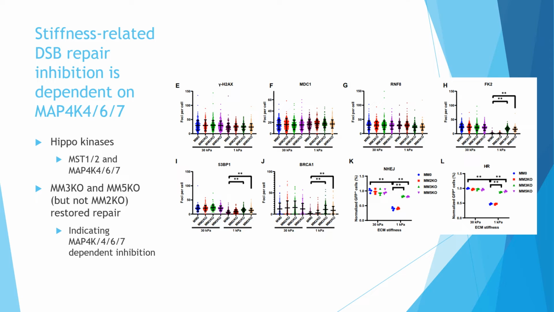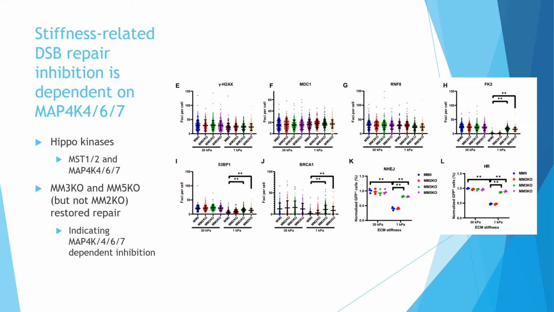And so what the researchers did was they engineered cell lines that had either just knocked out MST1 and 2, so that's MM2KO, or that had just knocked out MAP4K 4, 6, and 7, so that's MM3KO. And then they also engineered a cell line called MM5KO, which knocked out both MST and MAP4K kinases.